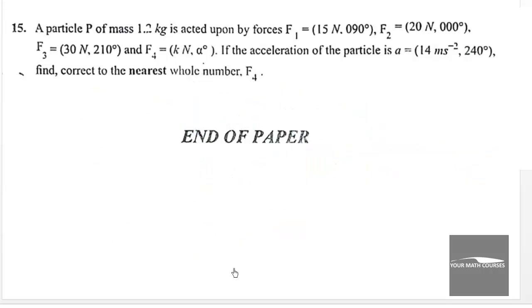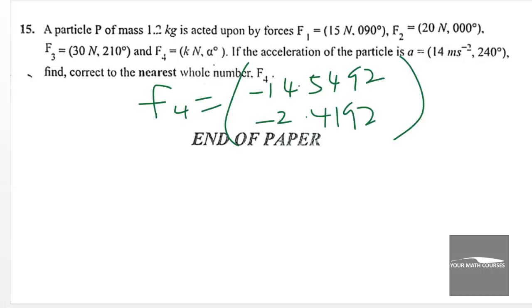Then we need to also calculate the direction of the force. The bearing of F4 can be calculated. You can see the diagram like this. So let me do the diagram well.